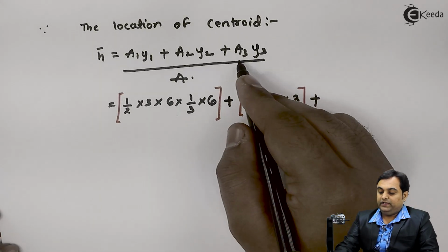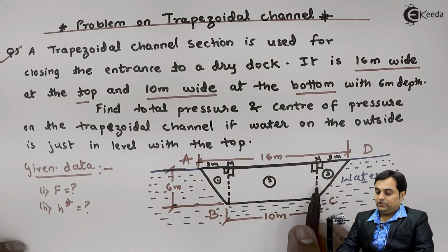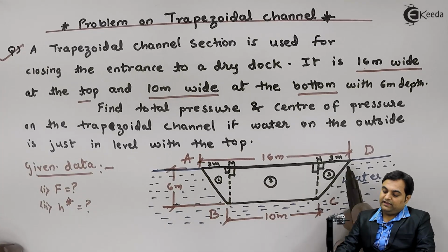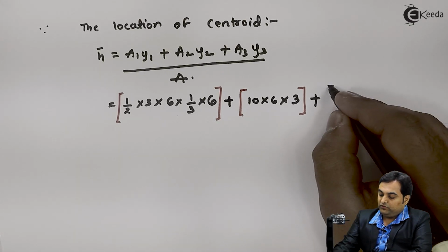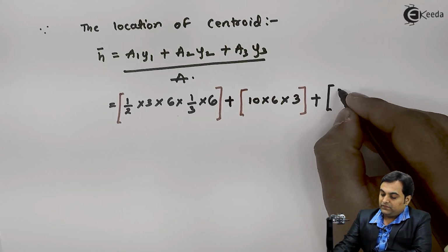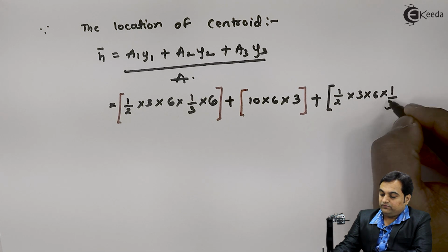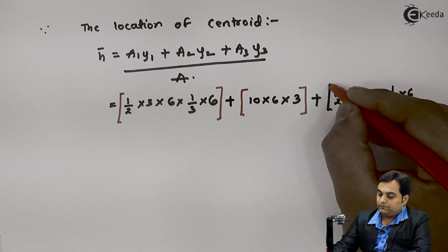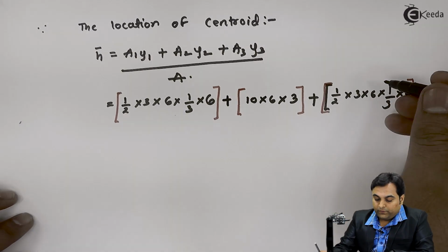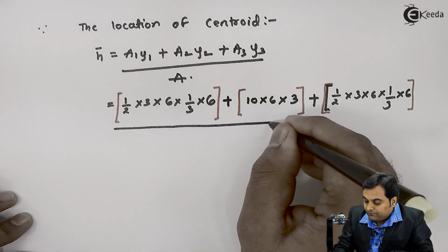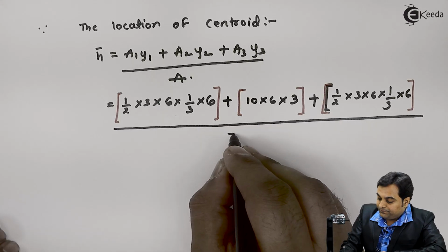Plus now A3 into Y3. That would be the same because on both sides we have the same dimensions of the triangle. So what I have written for A1 Y1, the same thing would be there for A3 Y3. Half into 3 into 6 into half, 1/3 of 6, divided by the total area, and this area A we have calculated, it was 78.